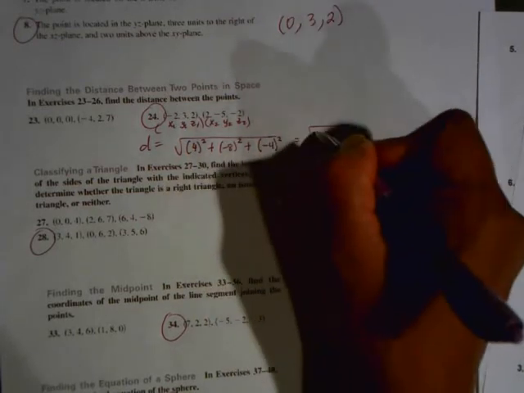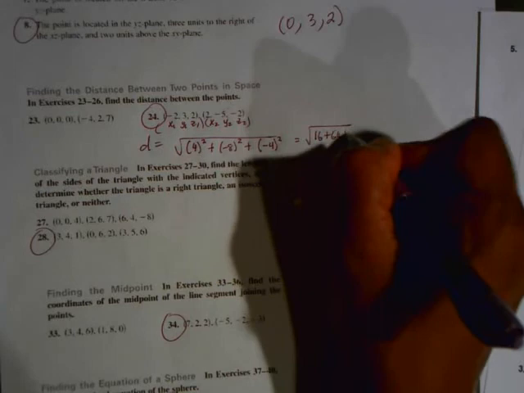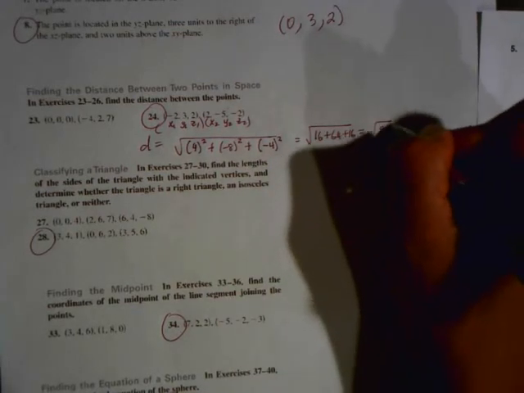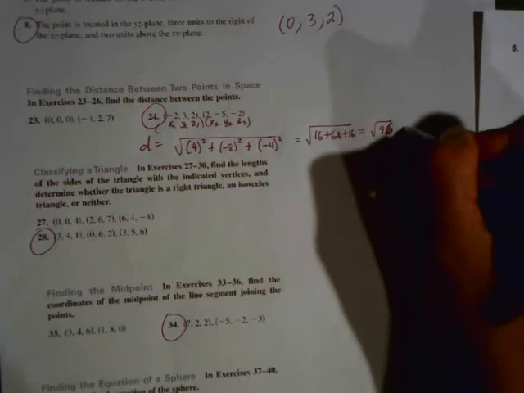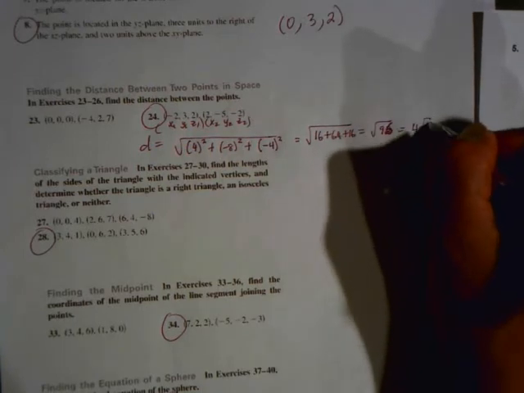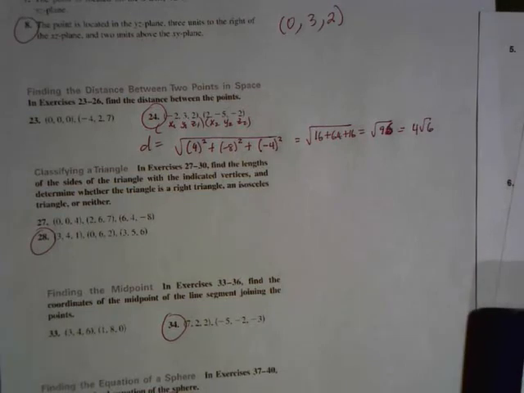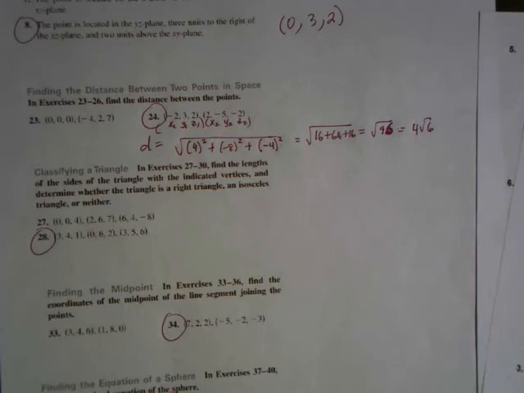And if you calculate that, it's 16 plus 64 plus another 16, which is the square root of 96, which is 4 root 6, I believe. Okay, so I can double check my calculations. Yep, looks good.